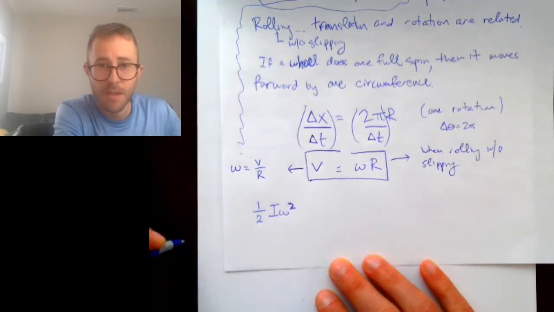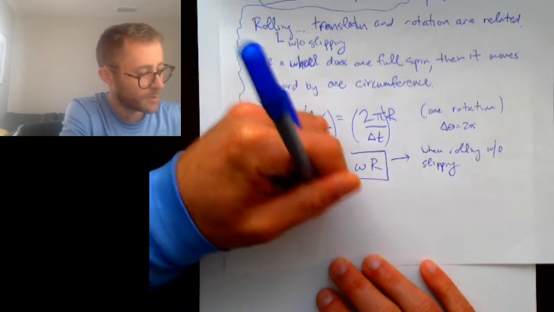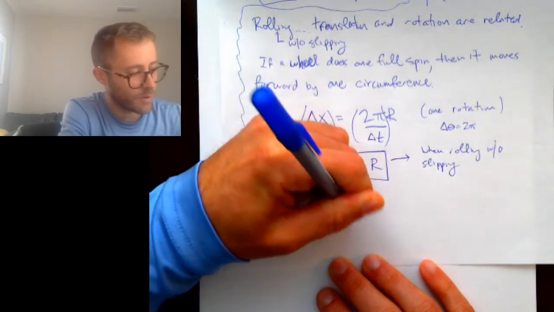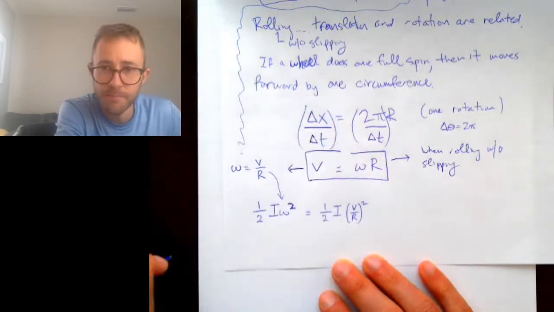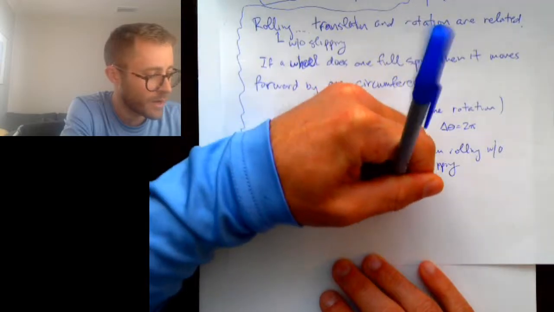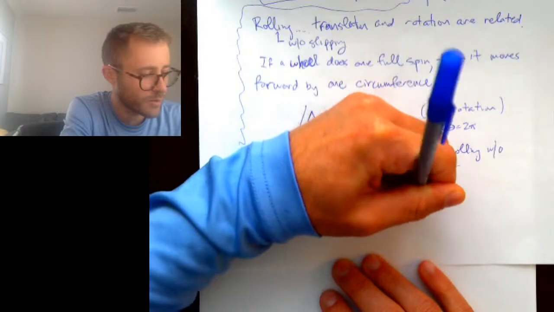Now I'm going to plug in v over r for omega. So I have 1/2 I times the quantity v over r squared. And so I'm going to square both of those. So I have 1/2 I v squared over r squared.